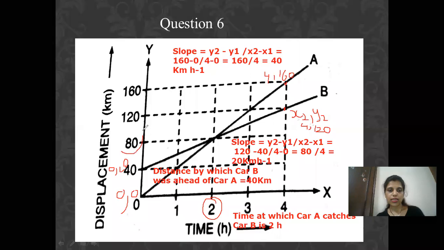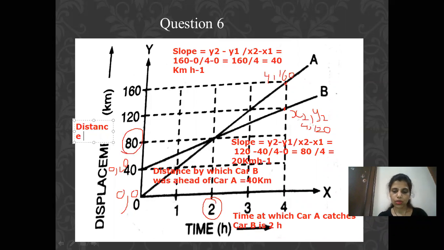So it is 80 kilometer. So we'll be writing over here distance is equal to 80 kilometer.